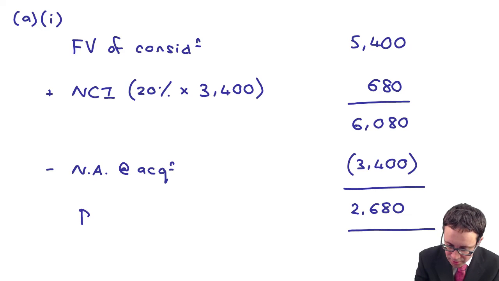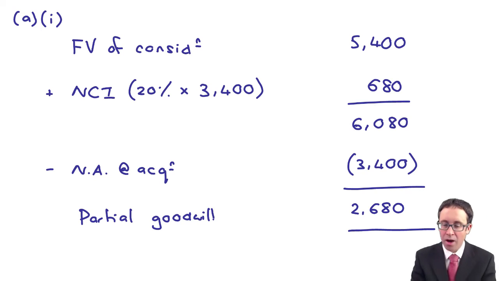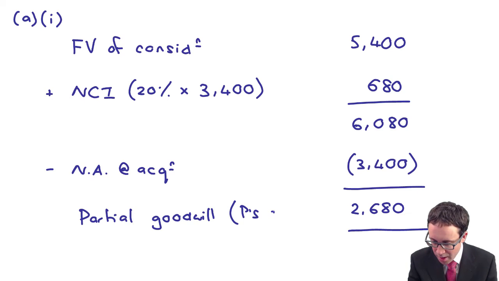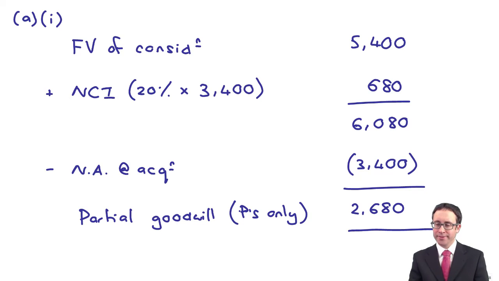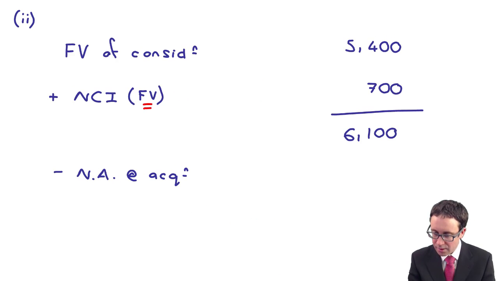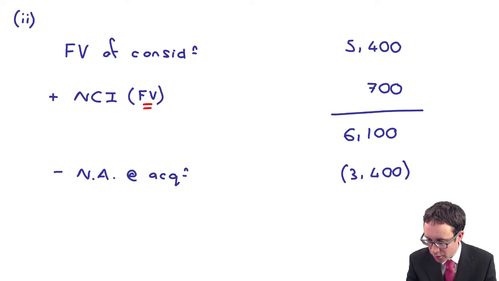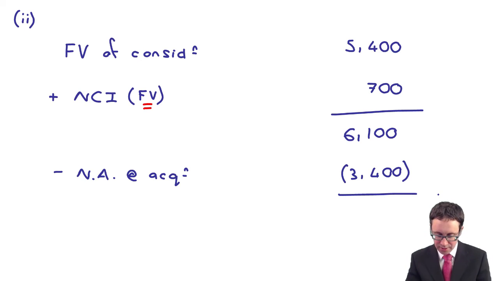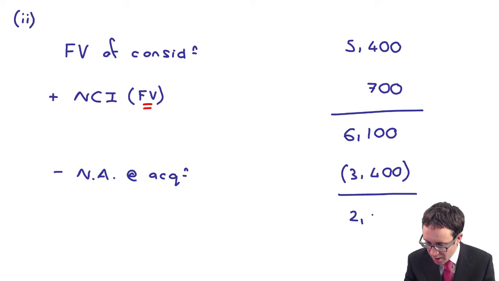So that there is my partial goodwill. Partial goodwill meaning that that is the parents only. Okay. Here you've got 400 as the net assets. Does that give me 2,700?